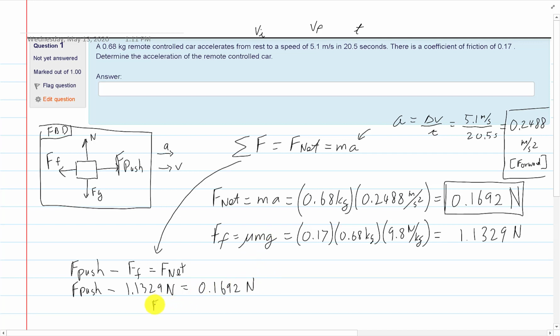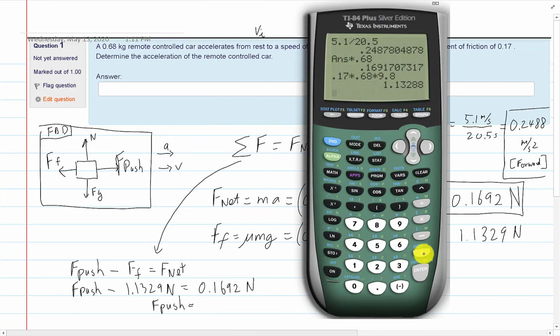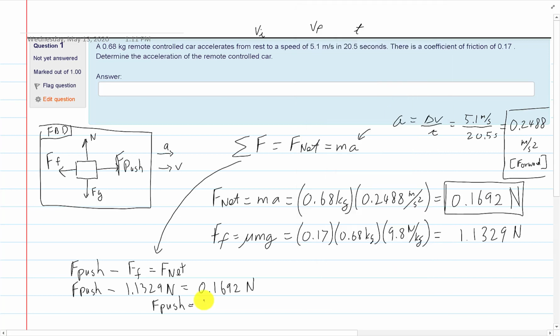So F push is those two numbers added together, and that will be 1.302 newtons. I'm going to put 4 sig figs in here. So those are our answers that we're going to plug in.